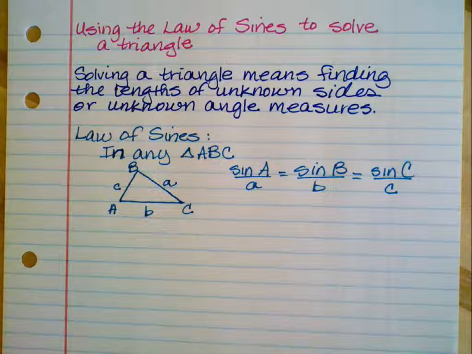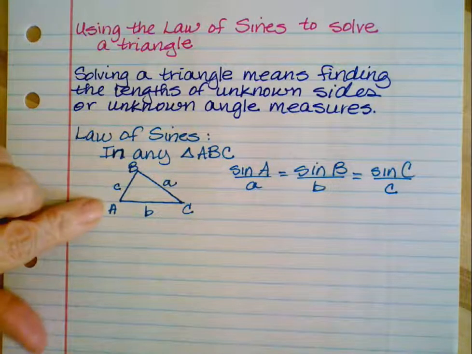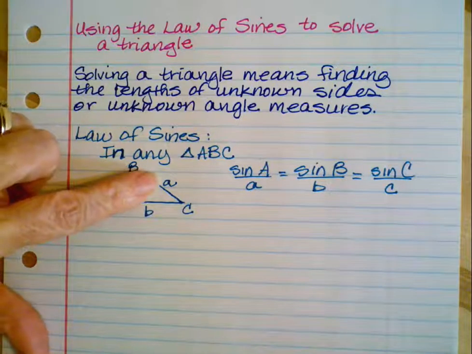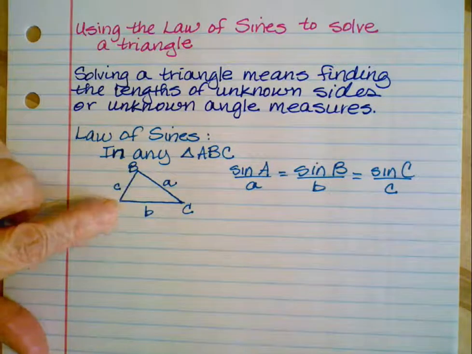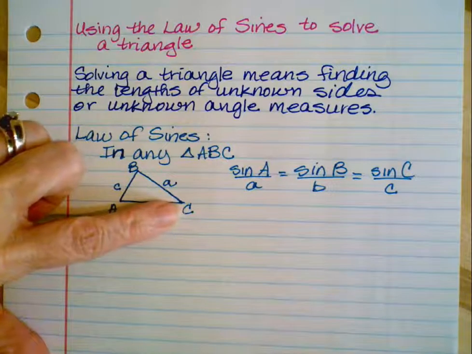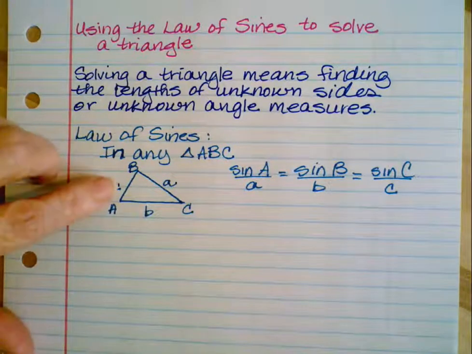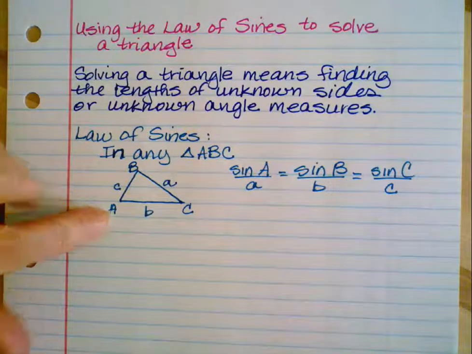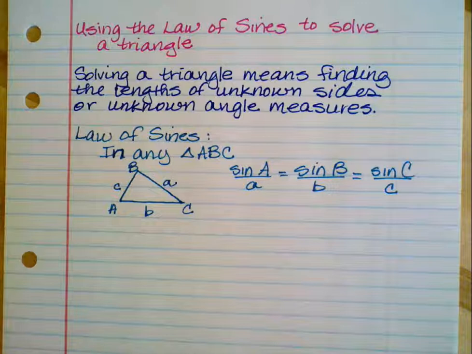So with that in mind, let's look first of all at what the law of sines states, and that's what we have here. In any triangle ABC, and we see a triangle here, ABC, with side a opposite angle A, side b opposite angle B, and side c opposite angle C. Now remember, in that notation, the lowercase letters indicate side lengths, uppercase letters or capital letters indicate angle measures.